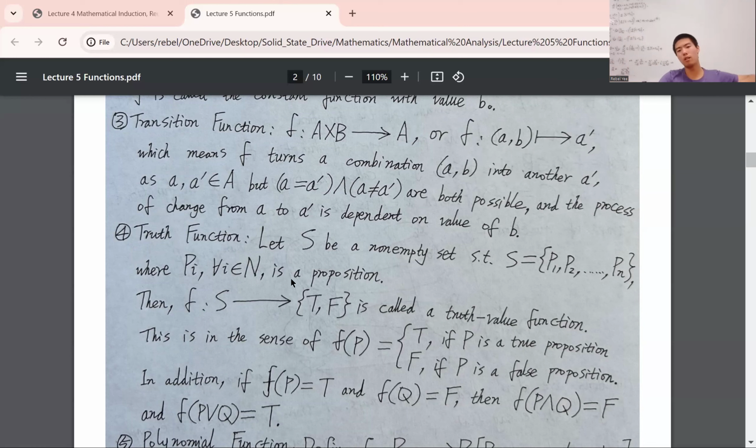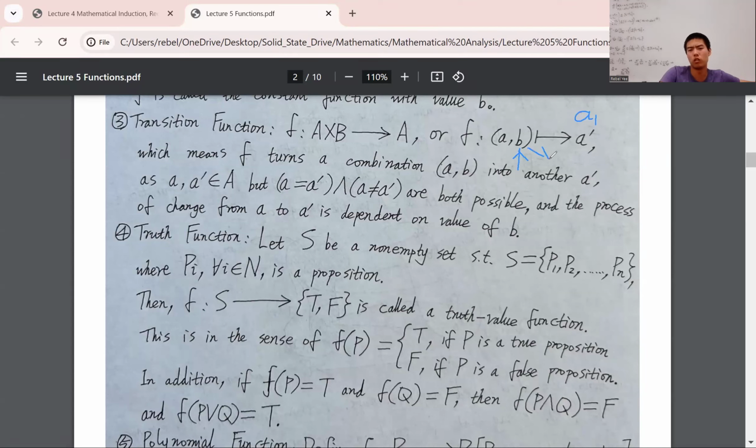In this case, we can say the process of change from (a, b) to a' is dependent on b. We can view it as a being transformed into a', but it depends on information stored in b. If we add b here, it goes to a1.